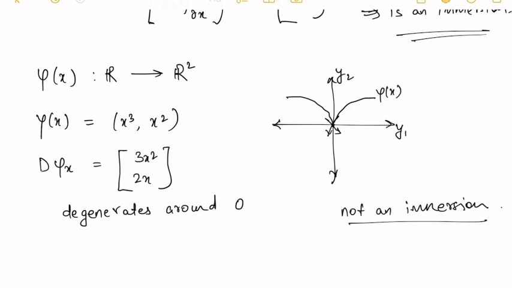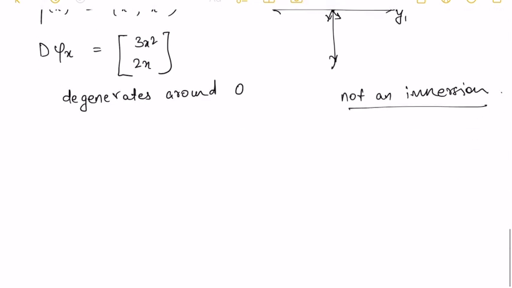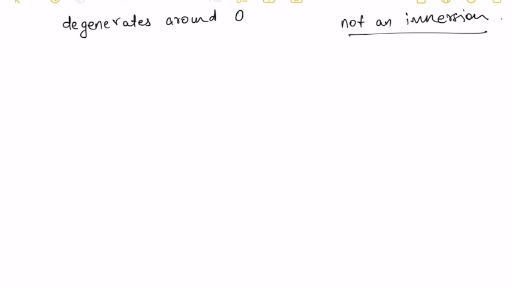Okay, so this was not an immersion. Let's look at one more example. Psi of x again goes from R to R2. This time let's define it as x cube minus 4x.